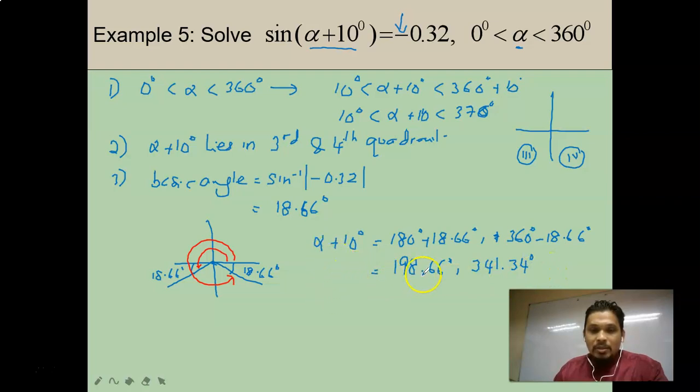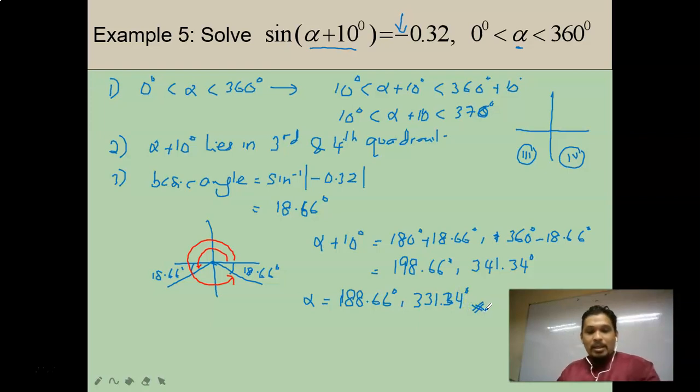So this is the angle for alpha plus 10. Then alpha equals 198.66 minus 10, so it becomes 188.66 degrees. And another one here is 331.34 degrees.